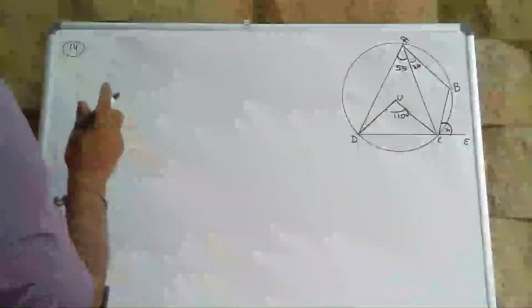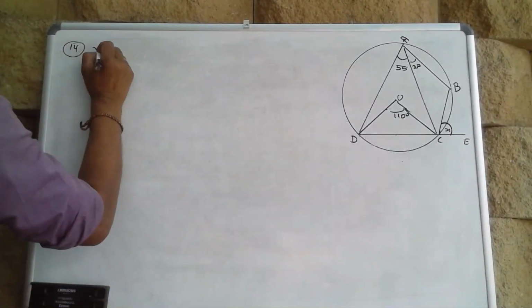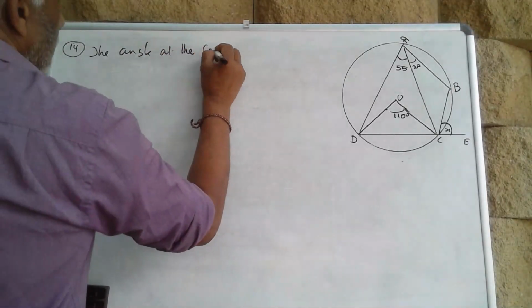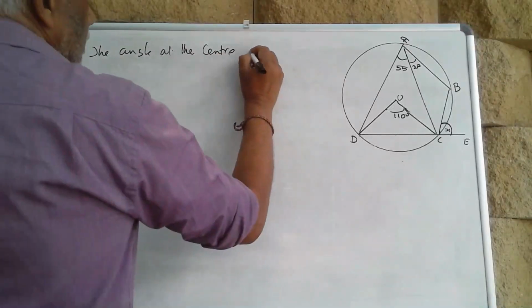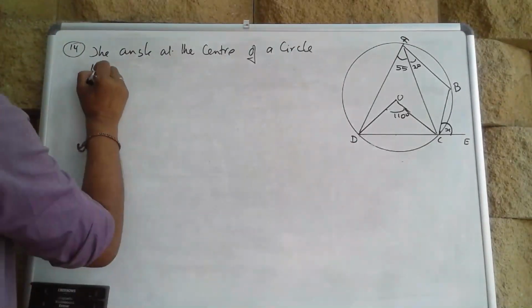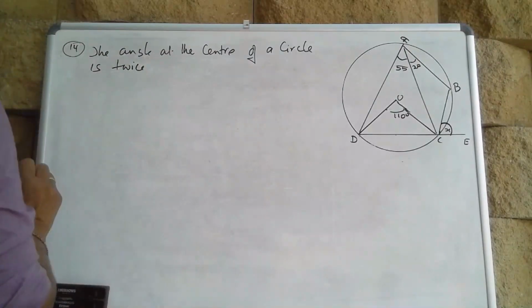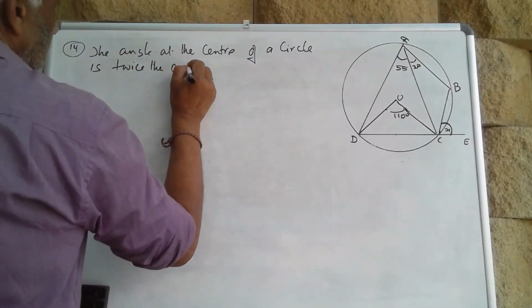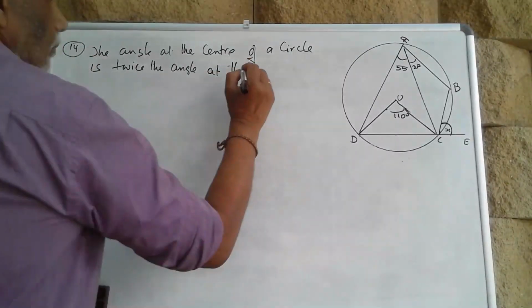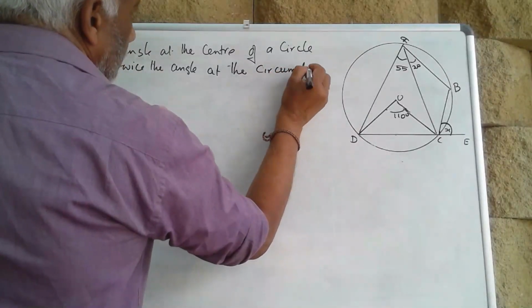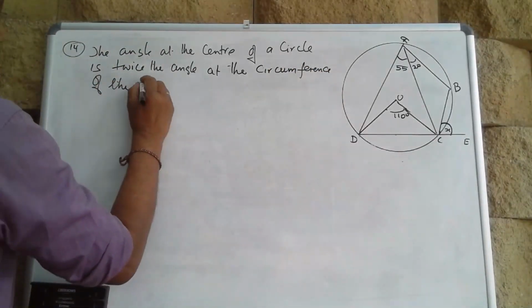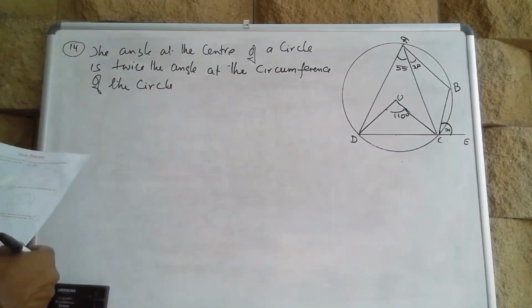So what is the theorem? The theorem says the angle at the center of a circle is twice, that means double, the angle at the circumference of the circle from the same arc.